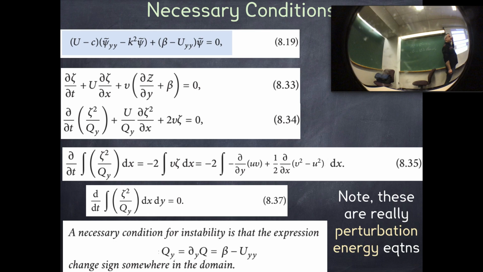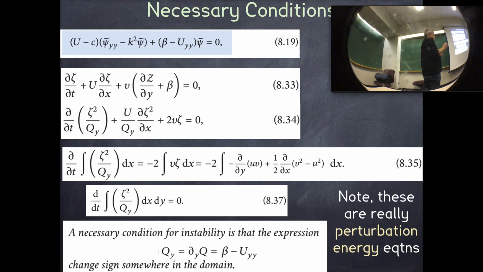Okay, so what happens if we integrate this equation in x? We get this, which is just the integral of this with respect to x. We get this. And what happened to that term? Boundary condition.